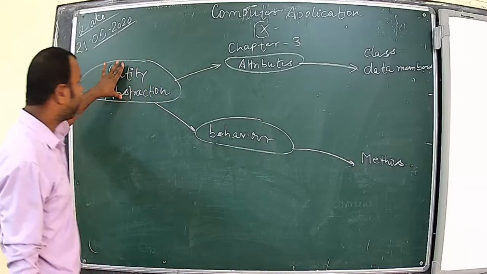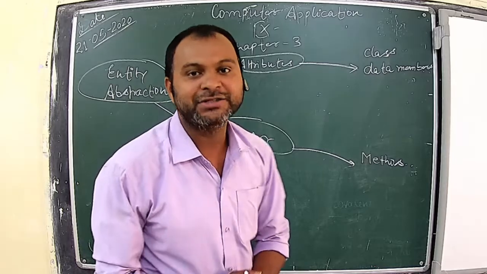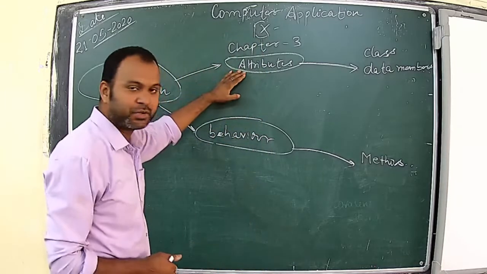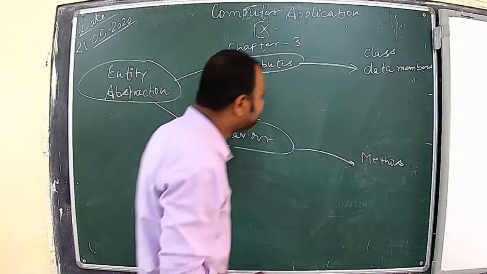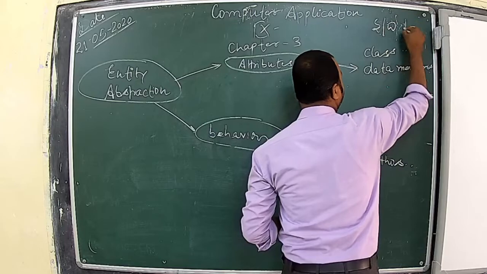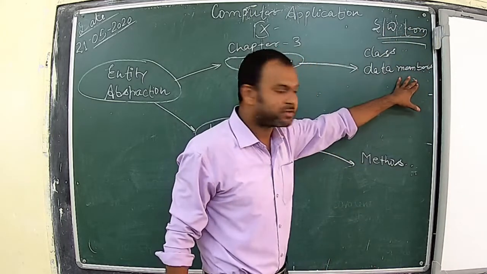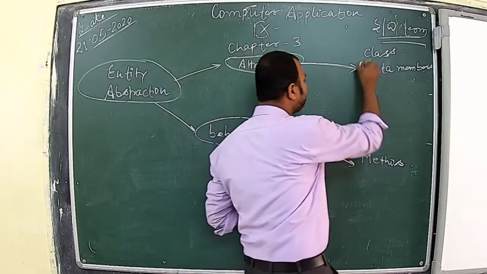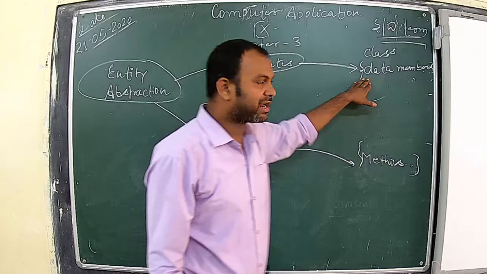So if you have a real world entity, that entity can be implemented in software terms using attributes and behavior, and these attributes and behavior can be implemented in software terms using data members and member methods. Okay, so data members and member methods.